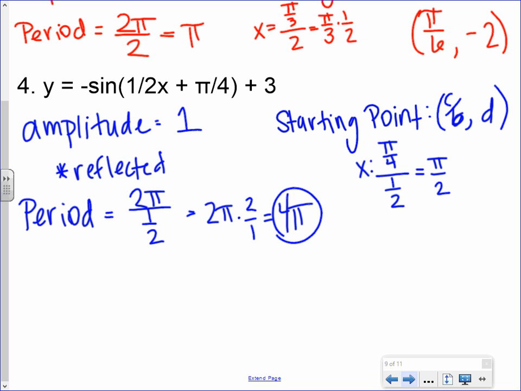Marissa, what do you think? Should pi over 4 be negative? Yes. Okay. And this is probably one of the hardest things to remember, that inside of our function, everything's opposite, right? So since this is plus pi over 4, our c value is actually minus pi over 4. So our starting point is at negative pi over 2, comma, the d value is what? 3.